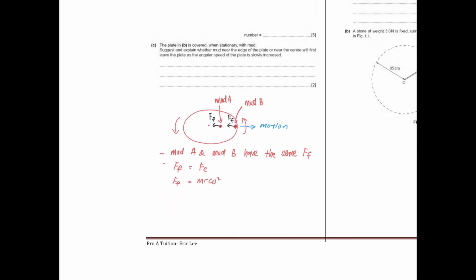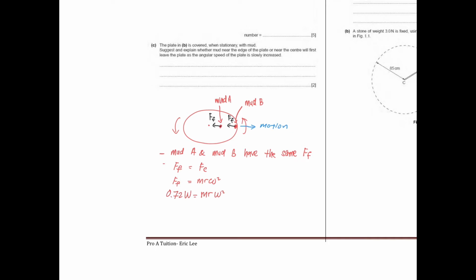Now let's compare between mud A and mud B. When we have Ff equal to m r omega squared, the frictional force is just μ W equal to m r omega squared.